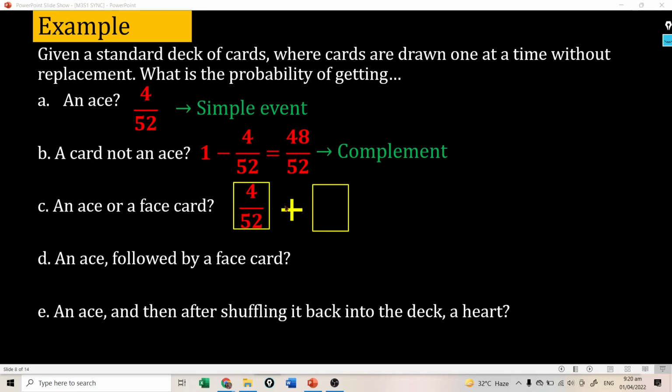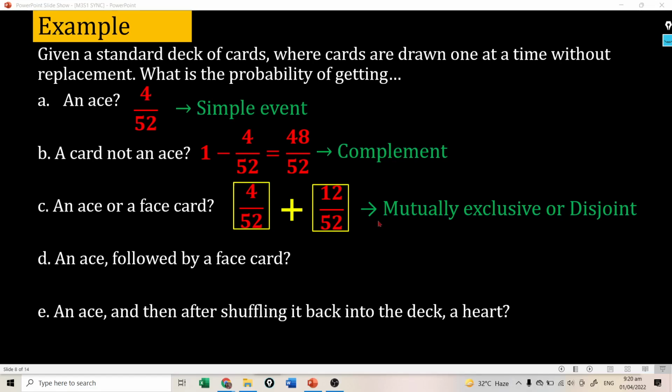So that's going to be 12 out of 52. Now, of course, you add them, you get 16 out of 52. But this is the kind of event, tulad sabi natin kanina, na mutually exclusive. Bakit? Ang pagiging ace at pagiging face card cannot happen at the same time. There's no such card as an ace king, ace queen, ace jack. Wala. Okay? These are mutually exclusive events.